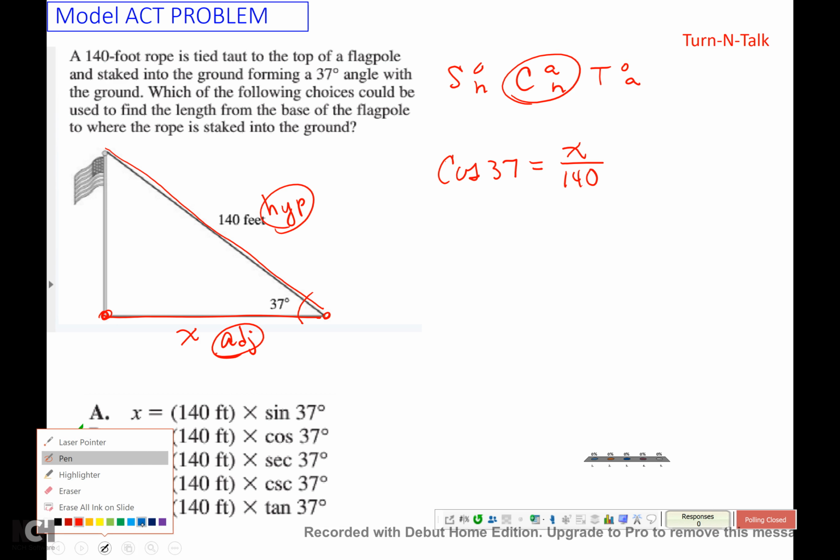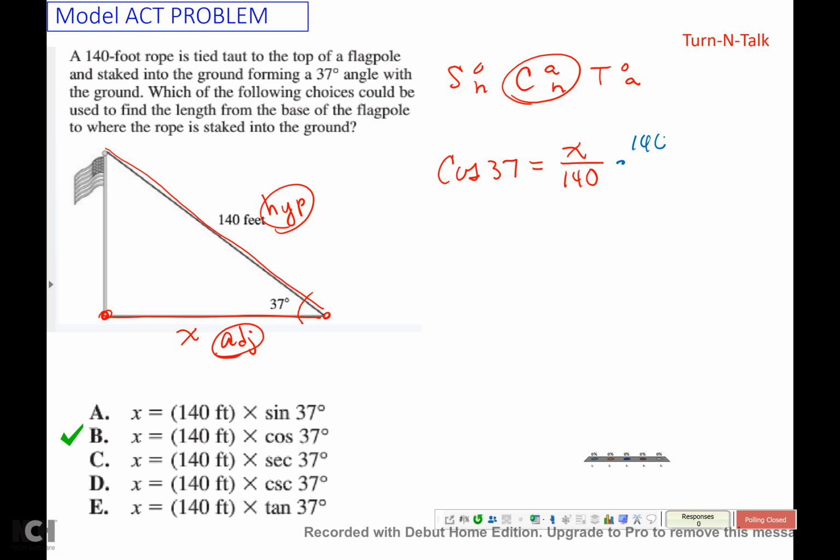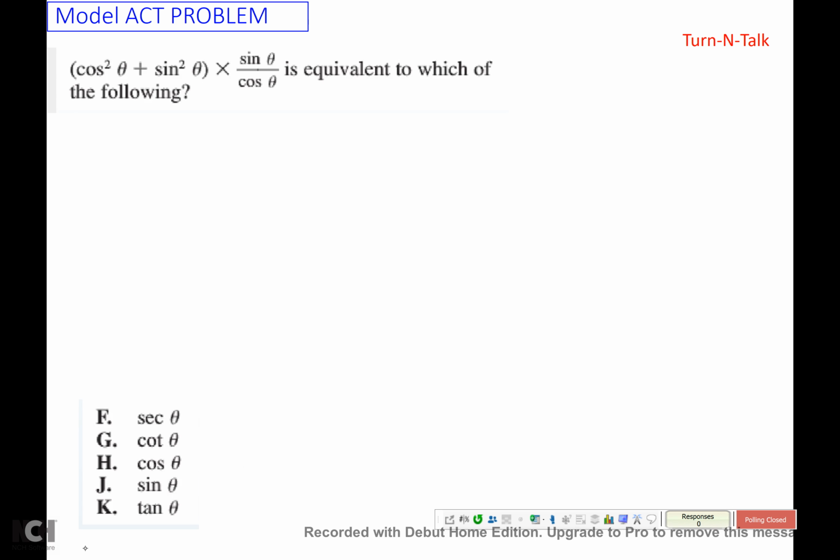So if I was trying to get x alone, I'd multiply by 140, which gives me x equals 140 times cosine 37 degrees. And that's B. Okay. Try this one, hit pause, come back when you're ready.